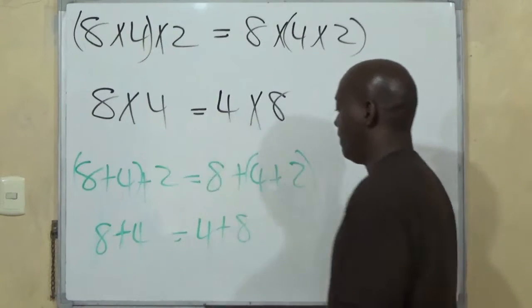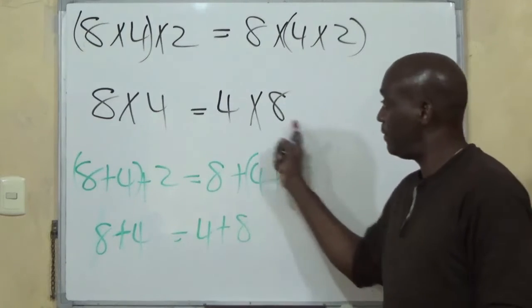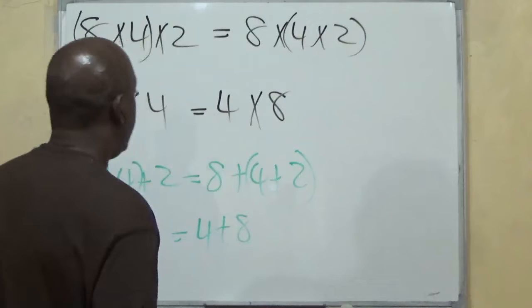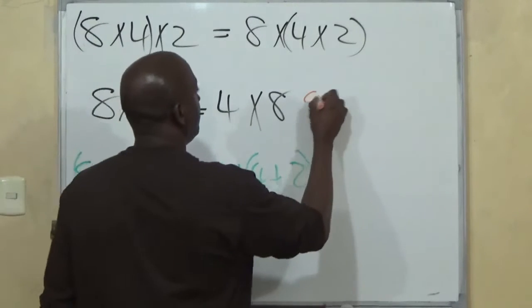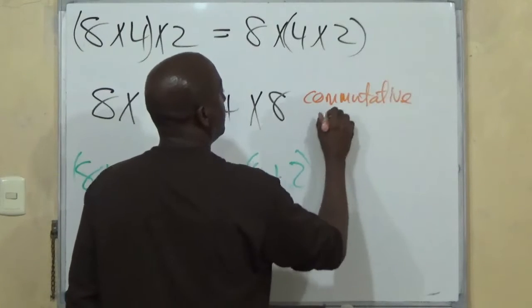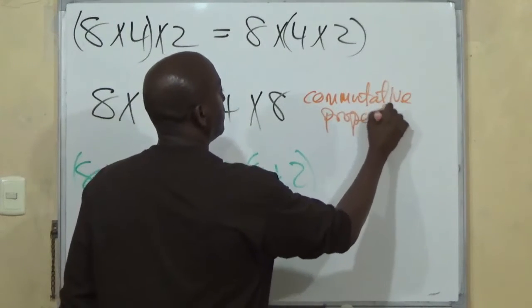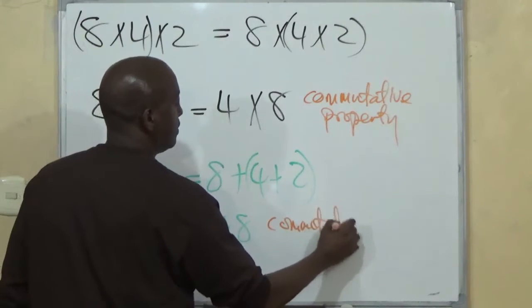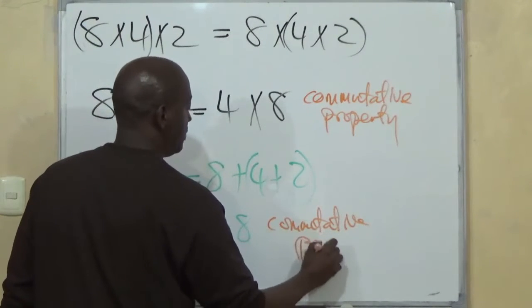Right? Commutative. Let me write it down. Alright? This is the commutative law in action. Commutative law. The commutative property.